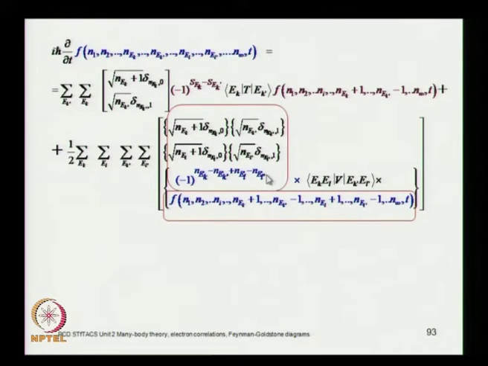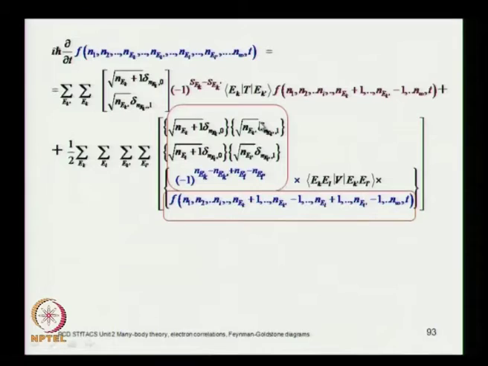So far as the potential energy term is concerned, it takes a little more time to see that, but it is based on exactly the same logic. There is absolutely no new logic in it: you have got the phases, and you have got these Kronecker deltas which tell you whether you are going to get a 0 or 1. If you are trying to destroy an electron from a state which is unoccupied, you will get a 0, right, because you can't do that.